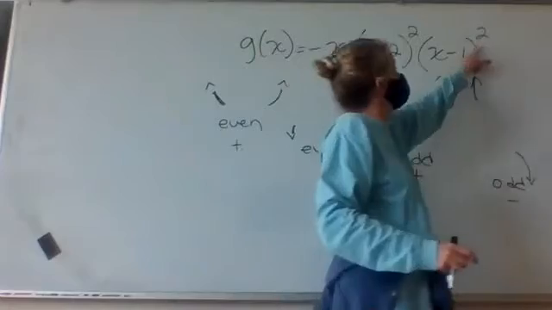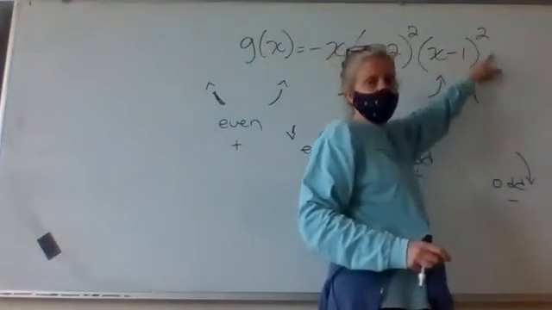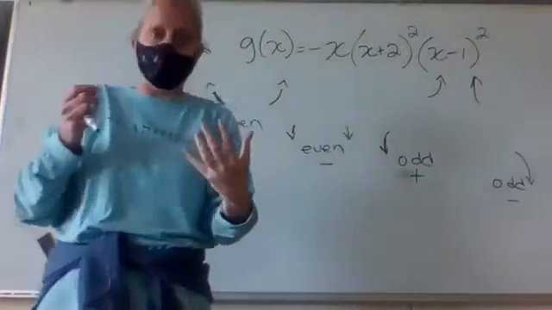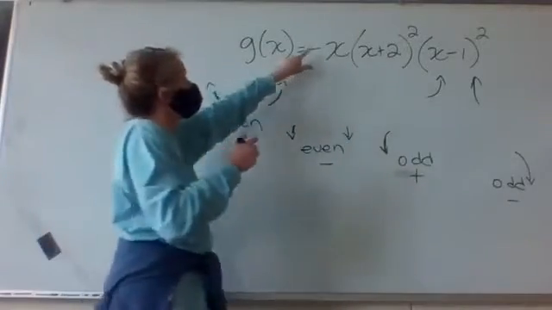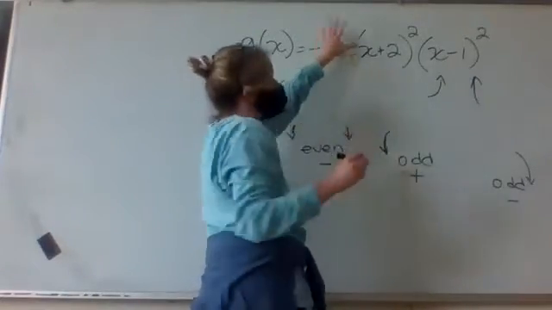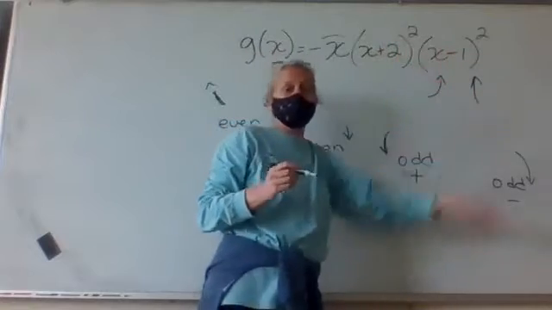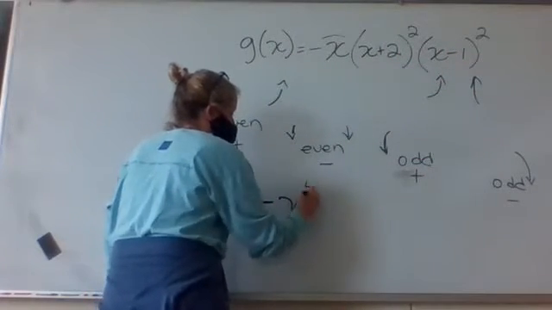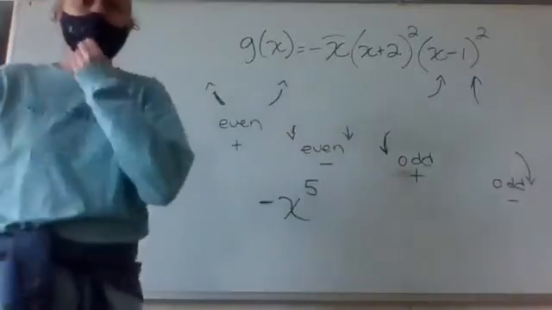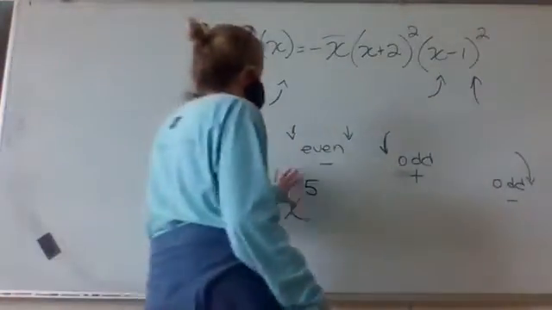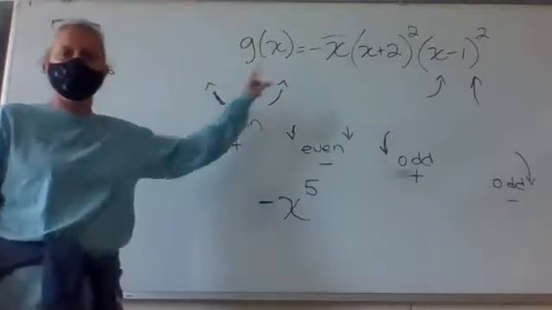Same here, this would give me an x squared. And if I multiplied those together, I would have x to the 4th. But then I also have this -x. So if I distribute that -x to that x to the 4th, I would end up with -x to the 5th as my leading term. This is what is going to give me my end behavior of this graph.